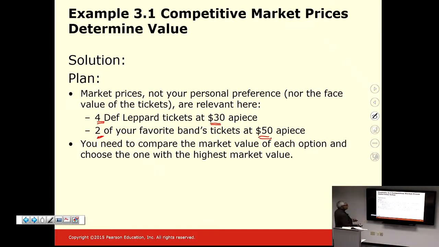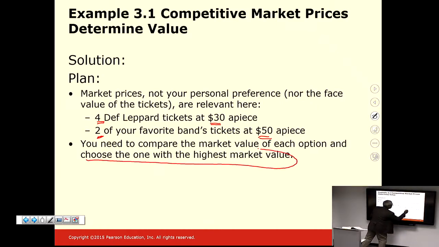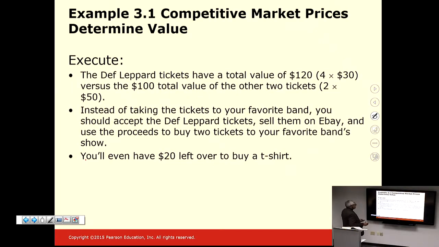So you need to compare the market value of each option, and then objectively choose the one with the highest market value. How do you do that? Def Leppard tickets have a total value of $120, 4 tickets at $30 a piece, versus your favorite band, 2 tickets at $50 a piece, which has a total market value of $100.